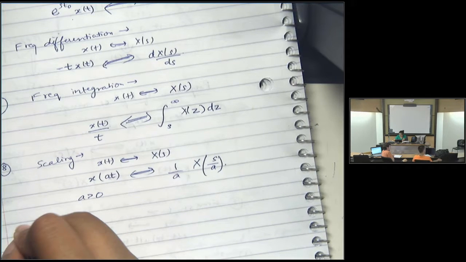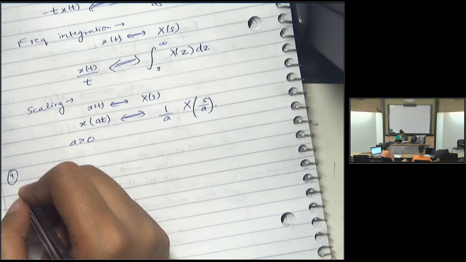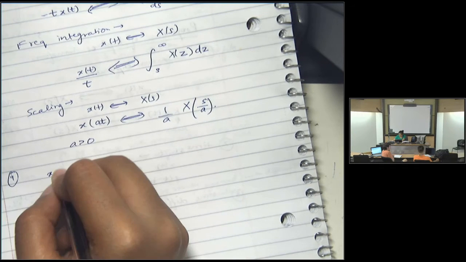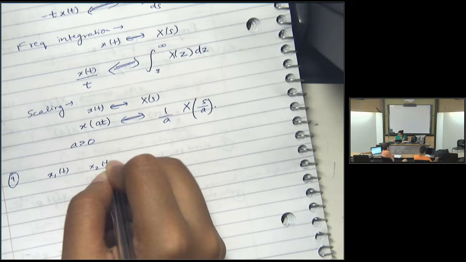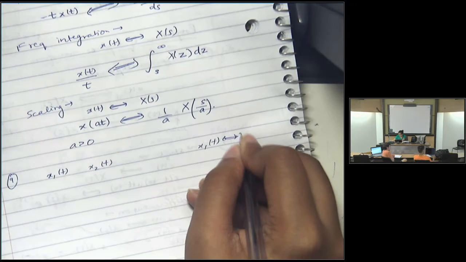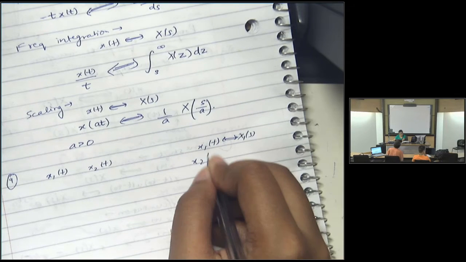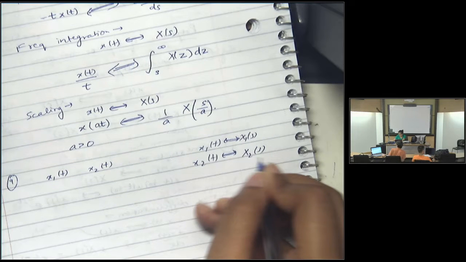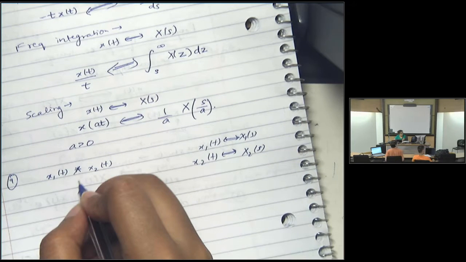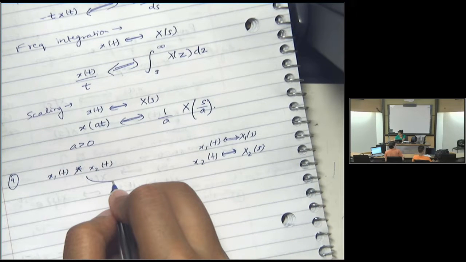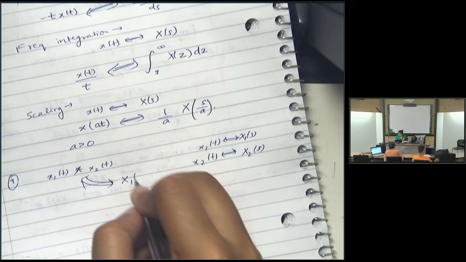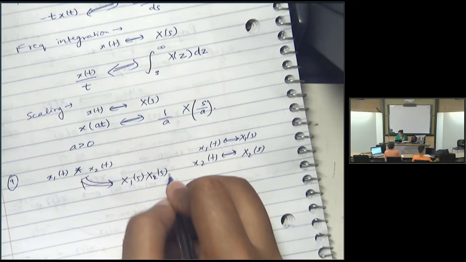Next property is if you have two functions, let's say x1 of t and x2 of t. x1 of t has a Laplace transform of x1 of s and x2 of t has a Laplace transform of x2 of s. And I'm convolving x1 of t with x2 of t. So this I can solve as the product of x1 of s and x2 of s and then take its inverse to get my answer.